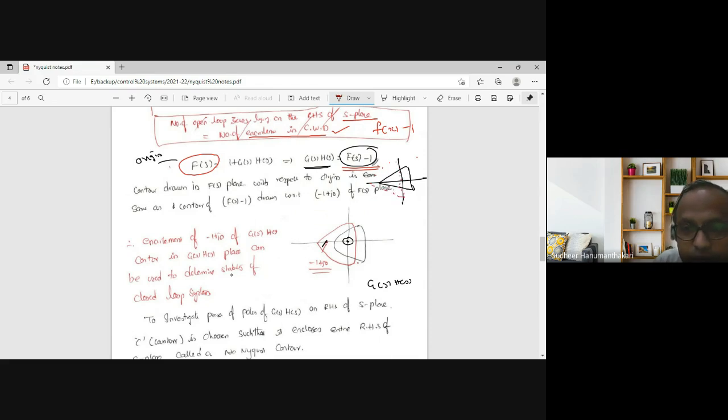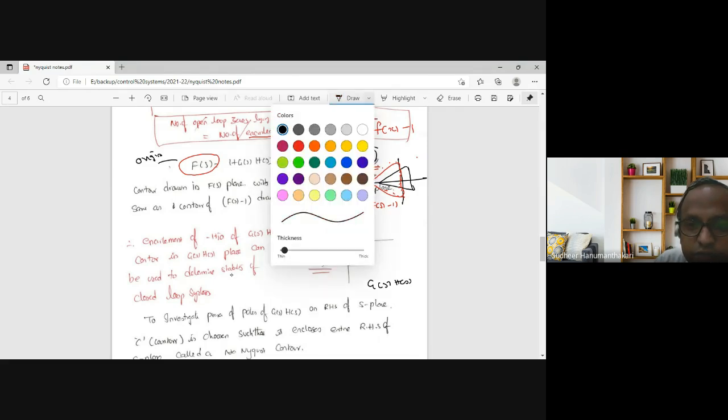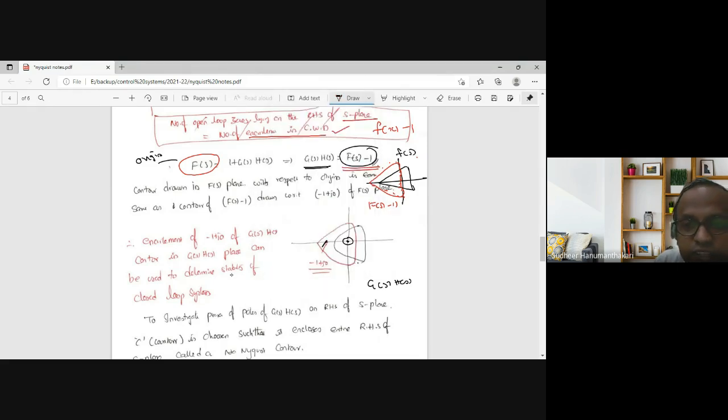For example, this is my new f of s. The red one is f of s minus 1, and the black one is the f of s function. If f of s is encircling 0, this will encircle minus 1 plus j0, or in simple terms, minus 1.